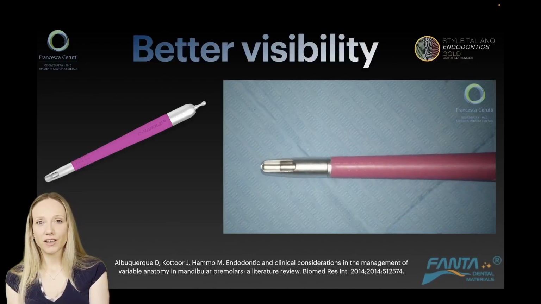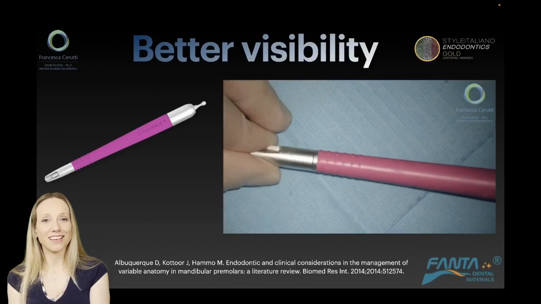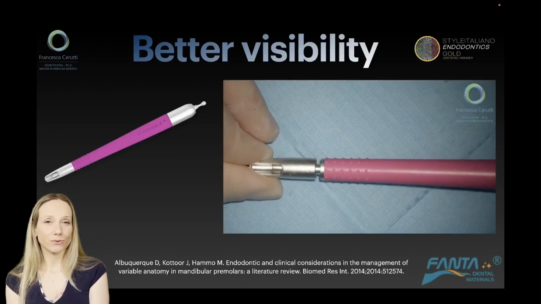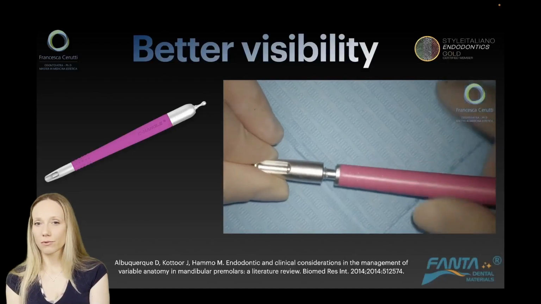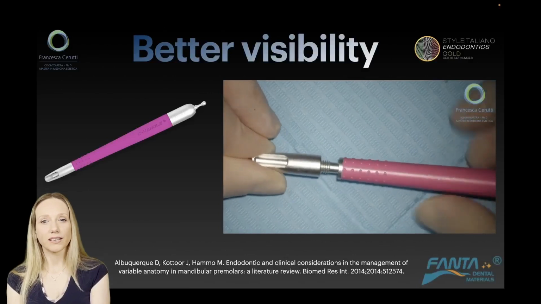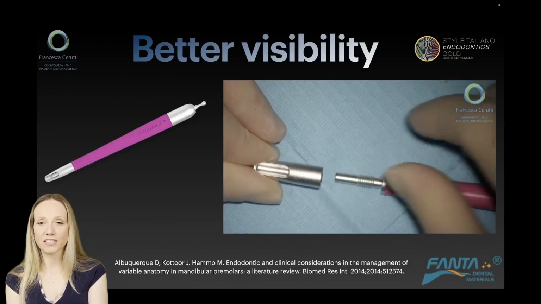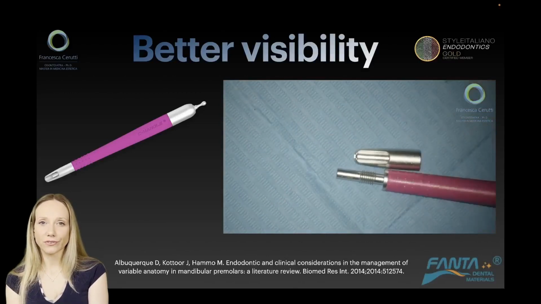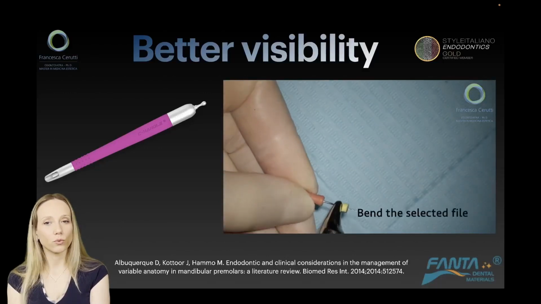For this reason I like this tool, because in some cases it's really a game changer. You can mount your number 10, number 8, whatever you want, K-file on this handle that is called C handle, and what you do, you pre-bend the file with tweezers, with your fingers, whatever you want.